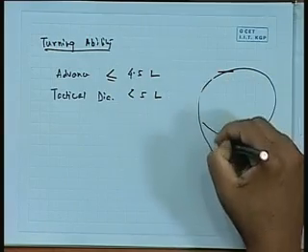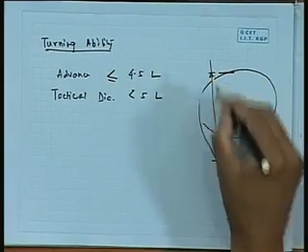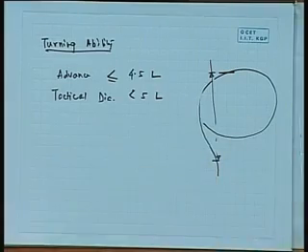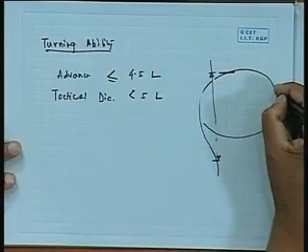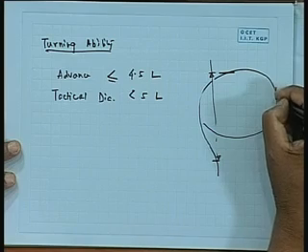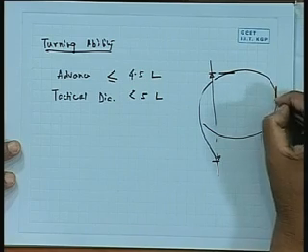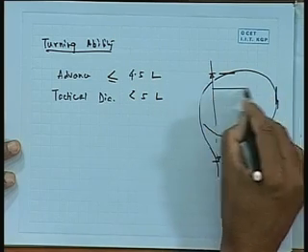Advance is this distance. Advance was the distance along the x axis where the heading has just changed 90 degrees, and tactical diameter was this, where it is another 90 degrees.